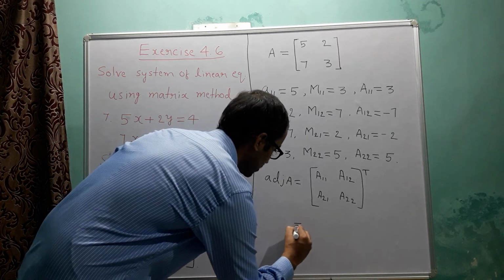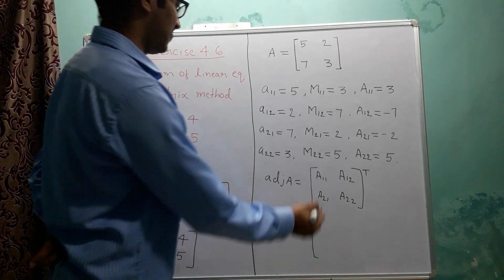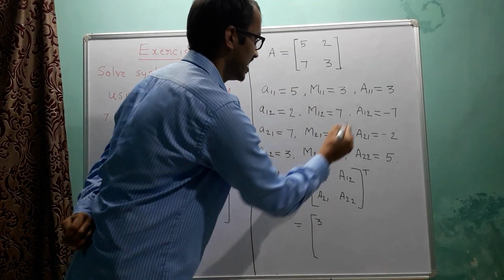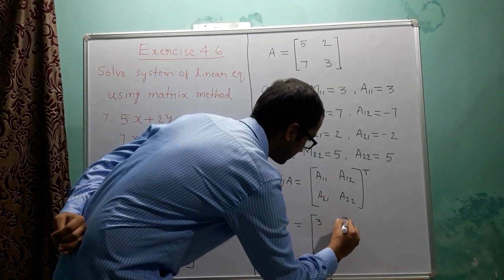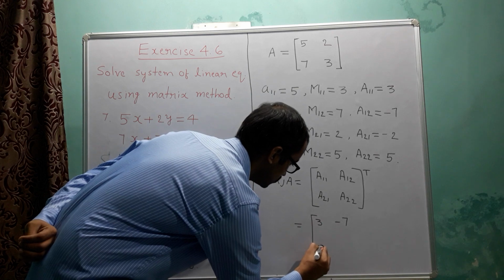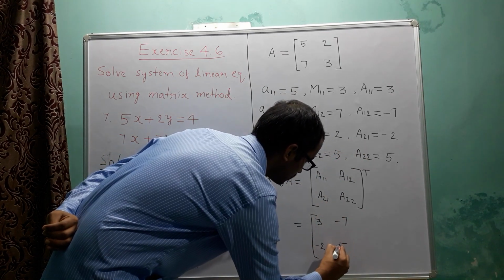So substitute the values. A11 means 3, A12 is minus 7, A21 minus 2, A22 5.